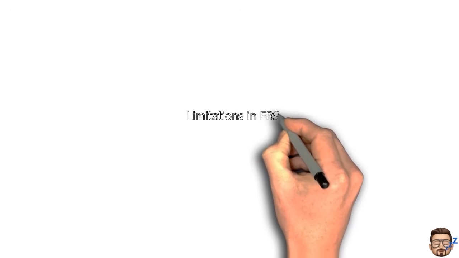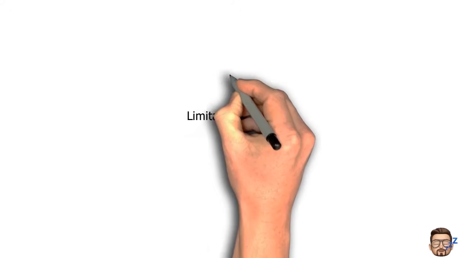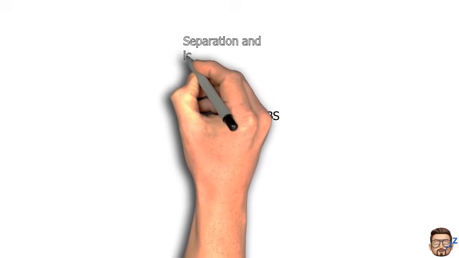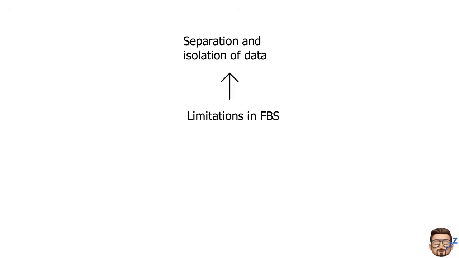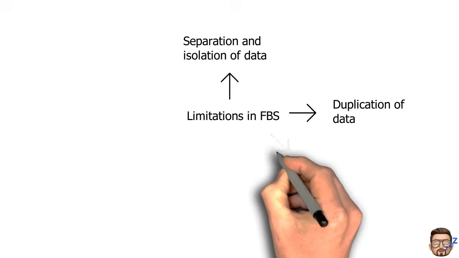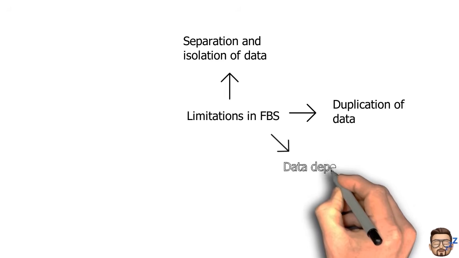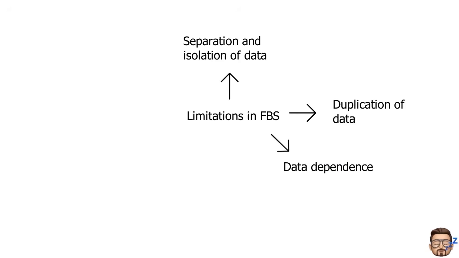Let's take a look at the limitations of the file-based system. The first one is separation and isolation of data. What does it mean here? The data is not shared amongst the departments inside the company. The second one is duplication of data, which means a file-based system will most likely have data redundancy. The third one is data dependence. Data dependence means that when the data changes, the system also needs to be changed.